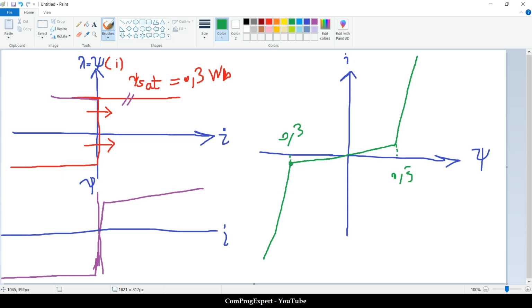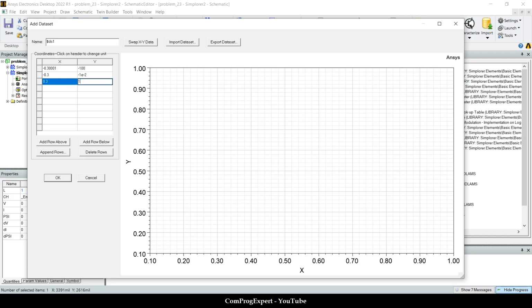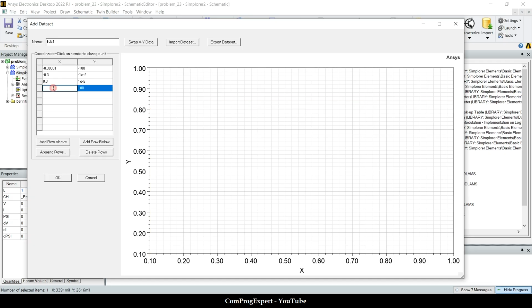At this point, we have defined 1 point here, 1 point here, another point here, and another point here. So we can consider 0.3 here, 1e-2, and 100 here for the current and this value.